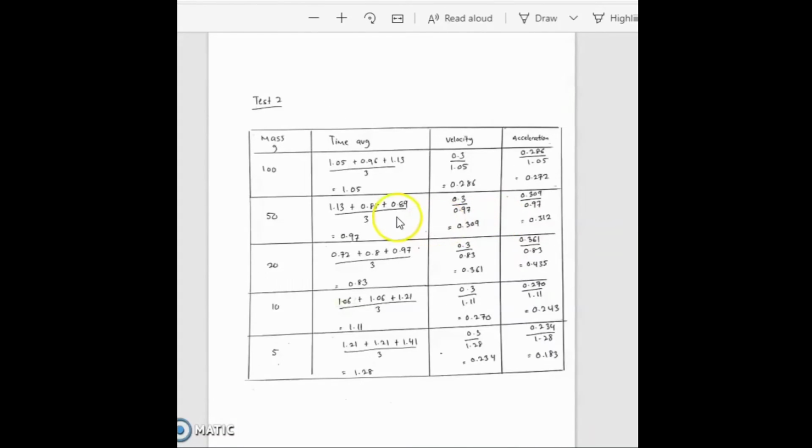This is the calculation for test 2, and it became these values after we calculate the time average, velocity and acceleration using those formulas.